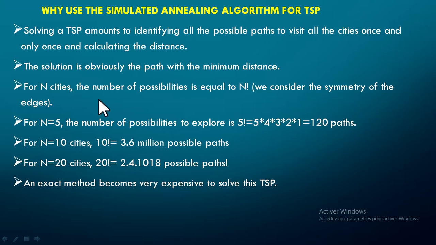For n cities, the number of possibilities is equal to n factorial. We consider the symmetry, because in other cases we cannot consider this symmetry. So for n equal to 5, the number of possibilities to explore is 5 factorial.